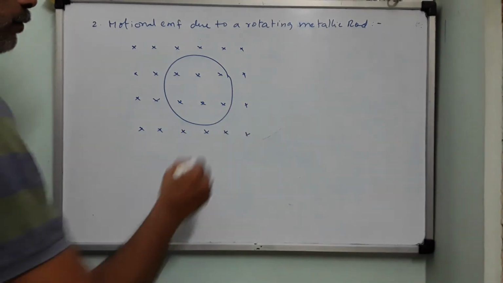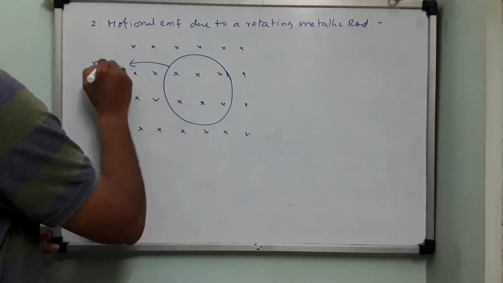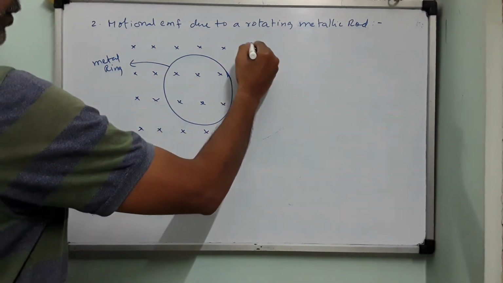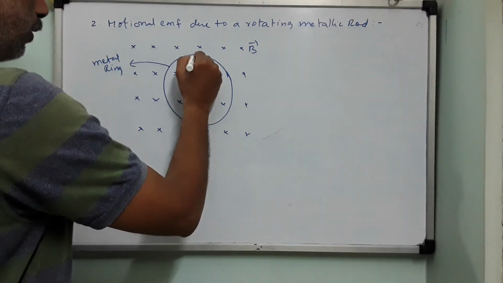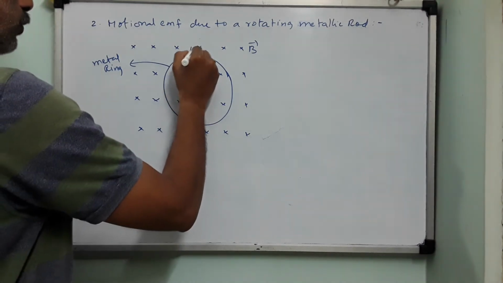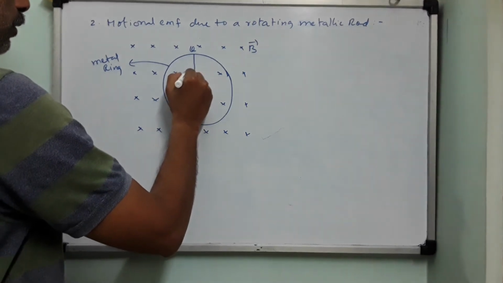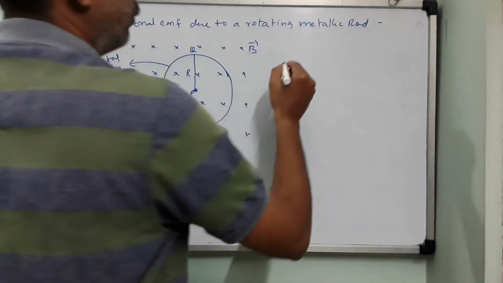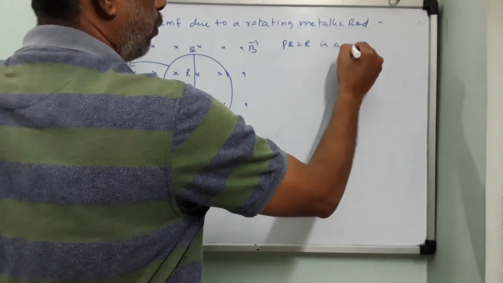This is a magnetic field B. This is the center and this is a rod. So this is P and this is Q. Now its radius is say R. So PQ equals R is a metal rod.